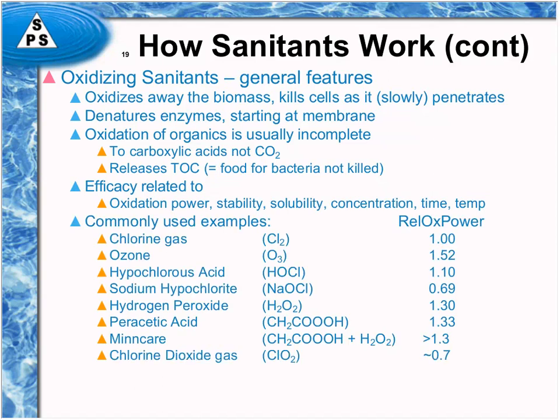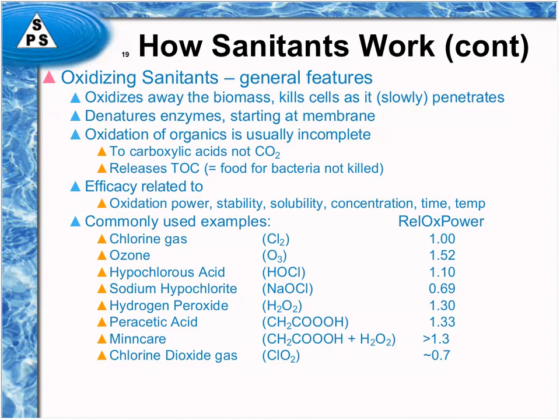Now here's some relative oxidation potential of various things. I put chlorine gas at the top of the list because people are familiar with chlorine used in drinking water. Let's assign it an arbitrary number of 1 relative to its oxidation potential, and then you look down the list at all the other potential oxidizing agents that could be used.